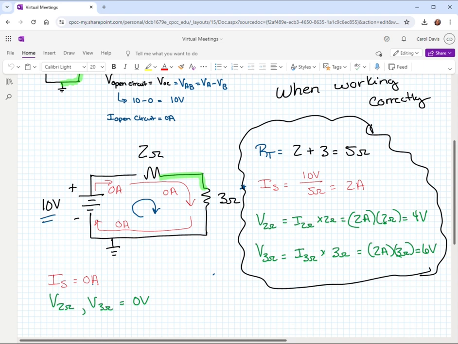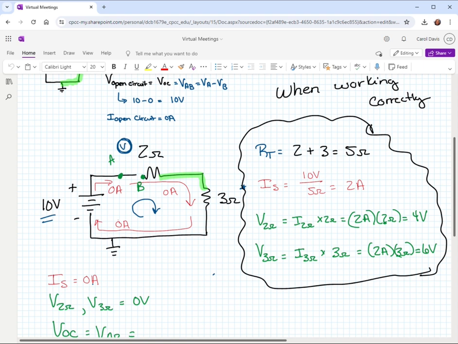Now, what would the voltage drop across the open circuit be? I'm going to call that V AB, because I'm going to make this point A and this point B in the circuit. Let's imagine that you've got your voltmeter here.